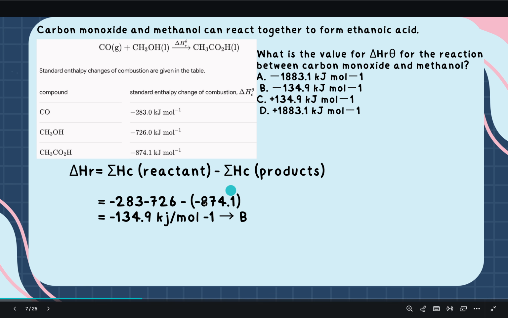If we calculate that, we get minus 134.9 kilojoules per mole, which is B. So therefore the answer is B.